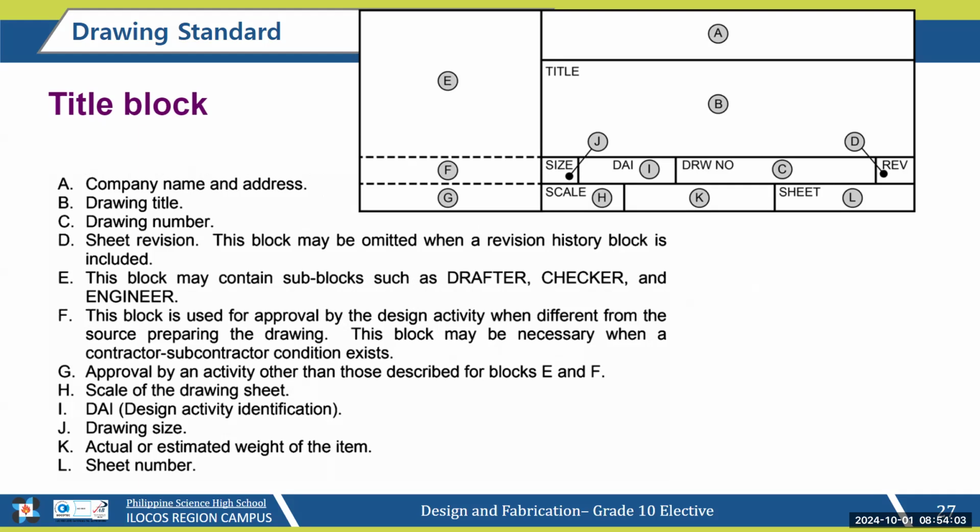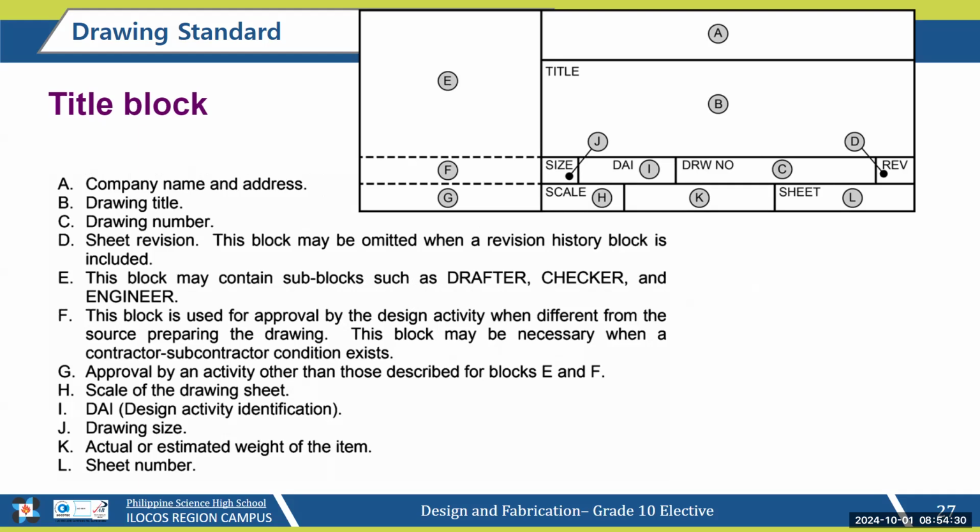This is shown in block or label E. Next, for label F, you have the approval by the design activity. So this is necessary for contractor or subcontractor conditions. Next, you have G, approval by other activities if applicable.